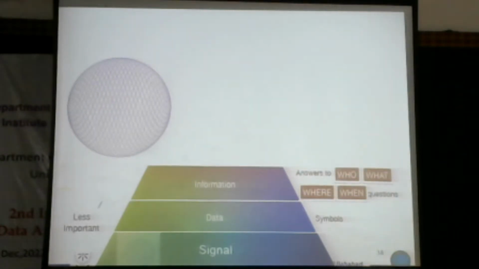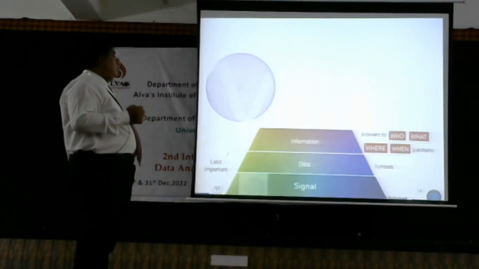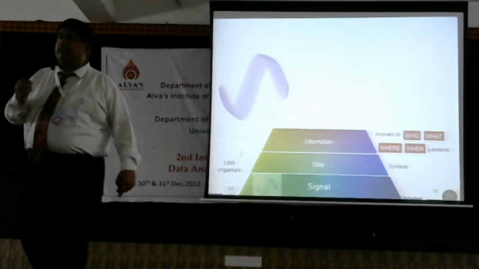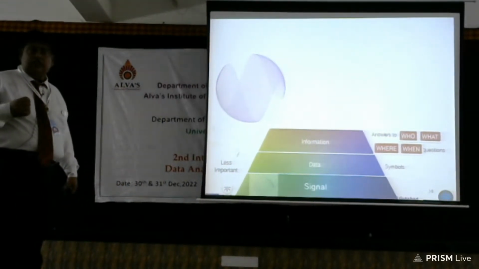So here you have this, and so after data comes, from the data, from the symbols, I manage to answer the questions who, what, where, when. So when I manage to answer these questions, that is when I get to information.